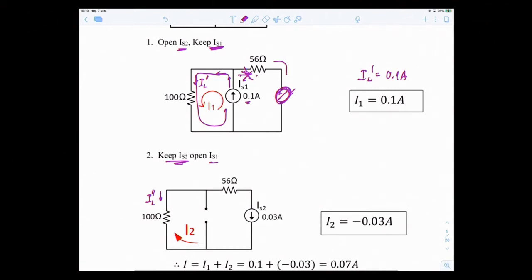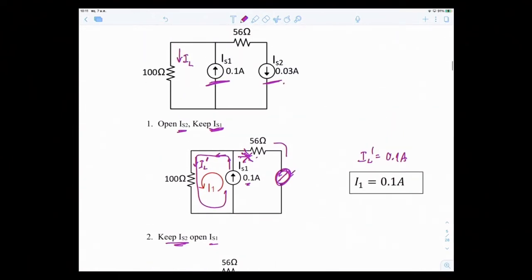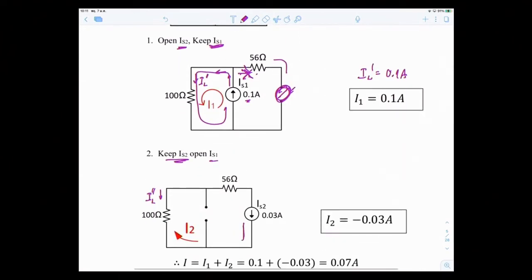Look at the source, IS2: 0.03 amps comes here. It does not go here, because it's open right here, so everything goes into here. But it goes in the opposite direction from what I want for IL double prime. So my IL double prime is equal to minus 0.03 amps.